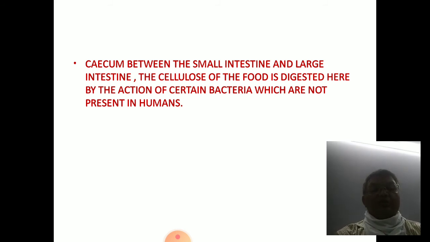See, grass eating animals easily digest cellulose, which we cannot do because that special bacteria is not present in our body, while they are present in these grass eating animals between their small intestine and large intestine. So this is a very important point you have to keep in mind.